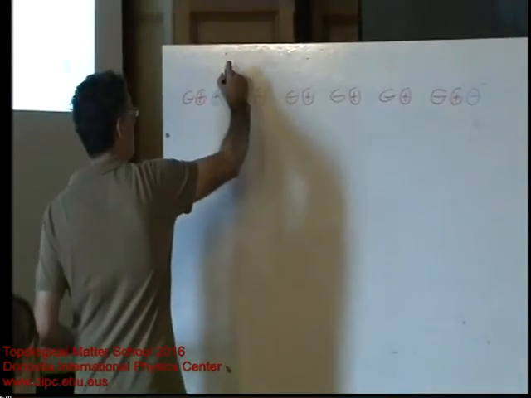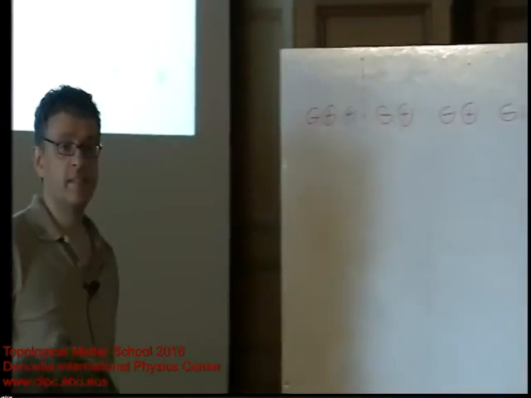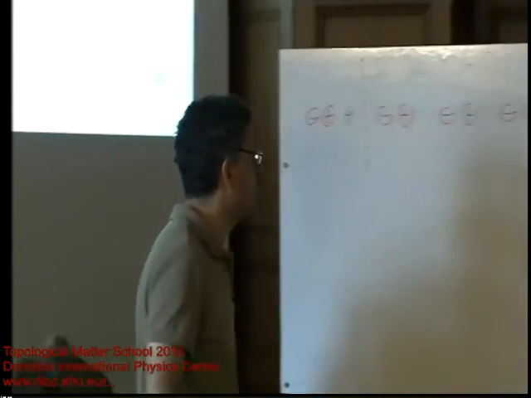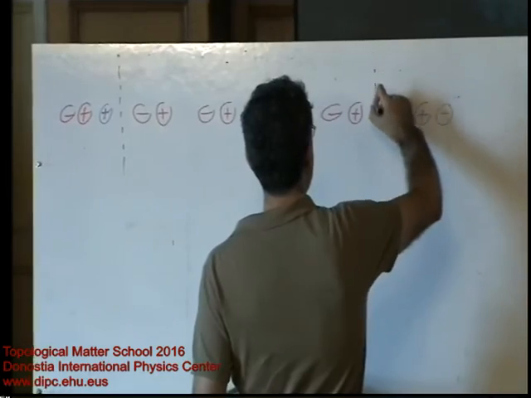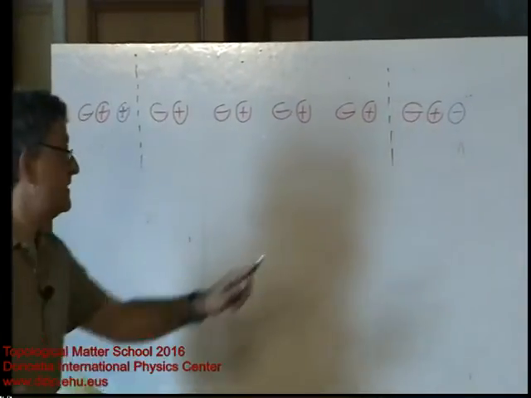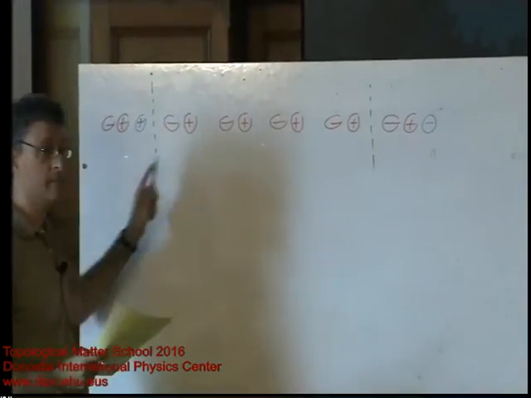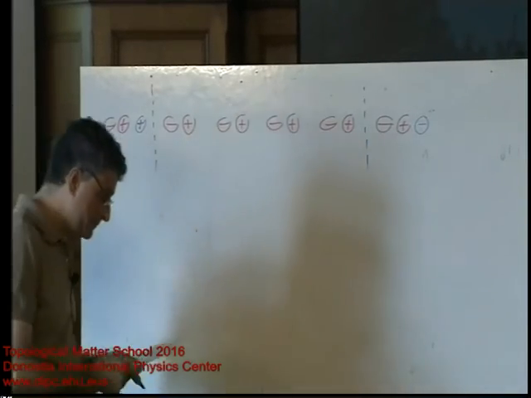And the next step in the argument is going to be to divide this long chain into 3 sectors, which I will call head, tail, and bulk. Okay?